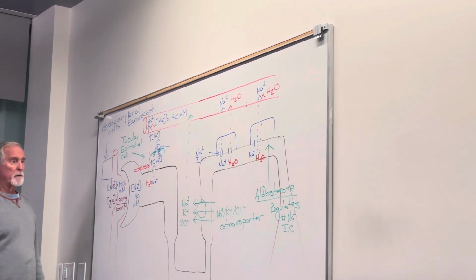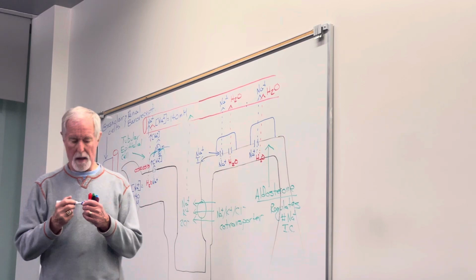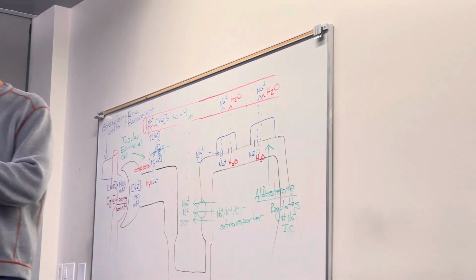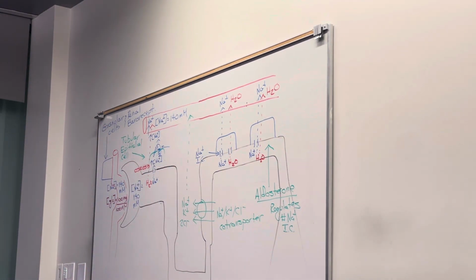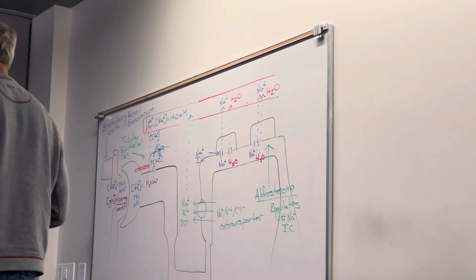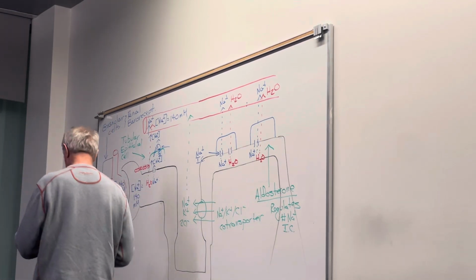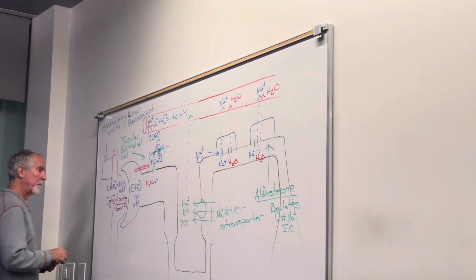So they're monitoring the pressure. And these granular cells release a hormone when the pressure in the afferent arteriole drops. And the name of this hormone is renin.